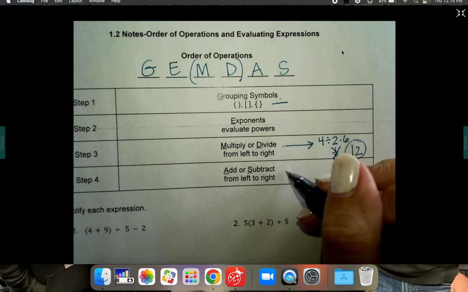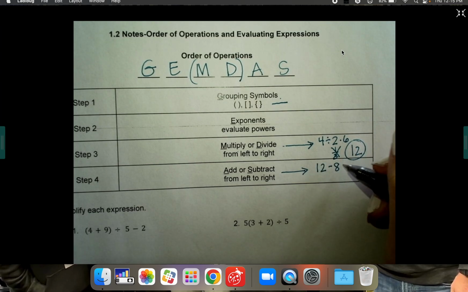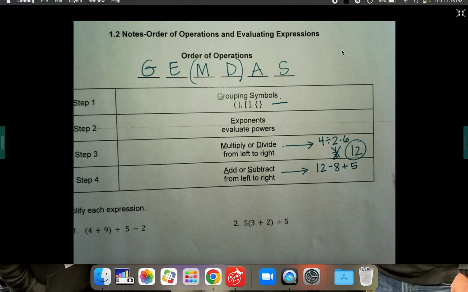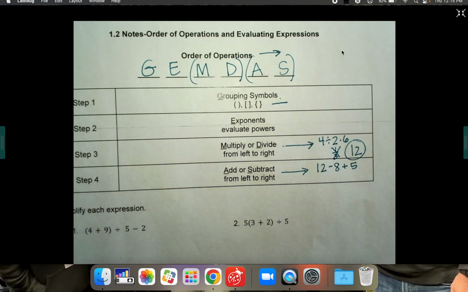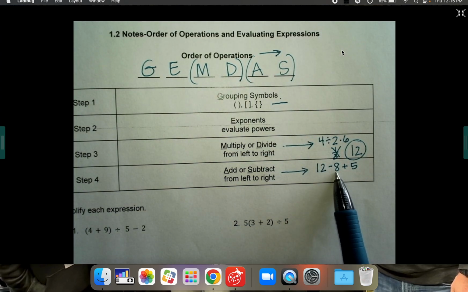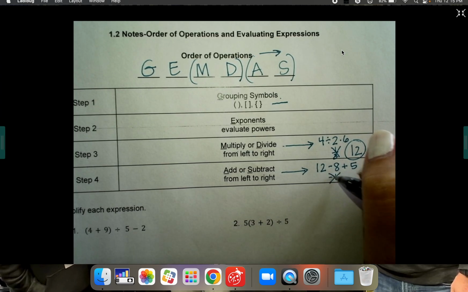Okay, same thing with add and subtract. If you had 12 minus 8 plus 5, don't add first just because the A comes before the S. You want to go left to right, whichever one comes first. In this case, the subtract came first. So you would subtract 8 and then add 5. If we were to add 8 plus 5 first and get 13, 12 minus 13 is -1, which is not right.